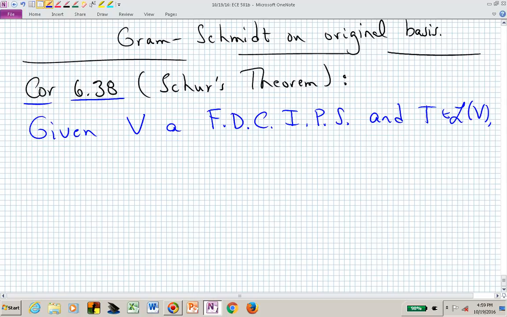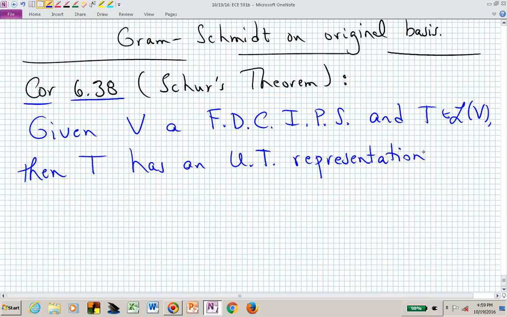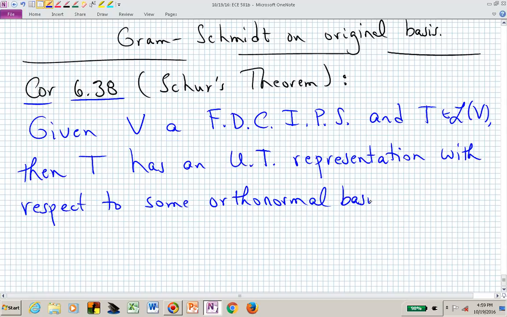So now we can say then T has an upper triangular representation with respect to some orthogonal basis.